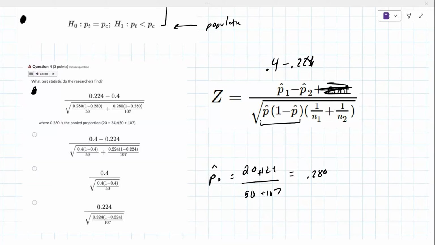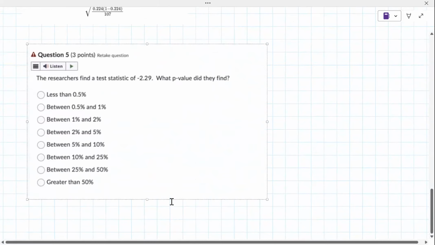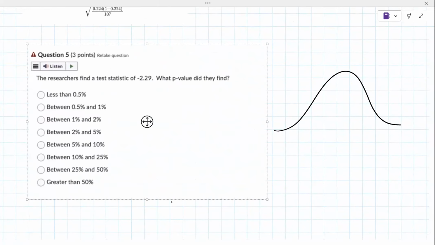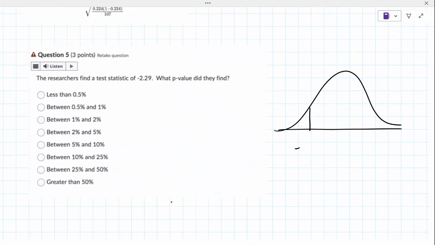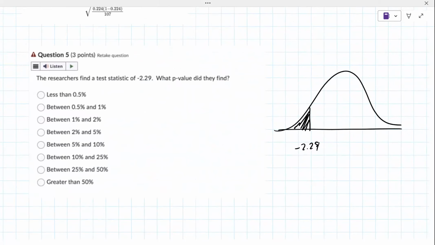All right. And then the last question, question 5. They give you the test statistic of minus 2.29. You've got to find the area in the left tail. So you can go to your favorite statistical package, the calculator, table, whatever, and calculate this.